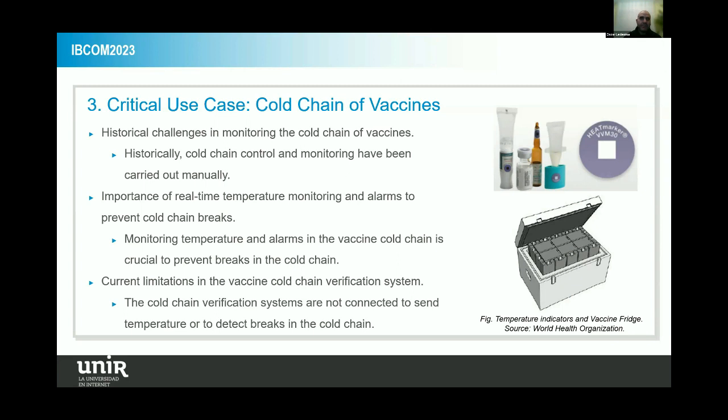So there's a high percentage of vaccine batches that are broken during the transport or storage. Therefore, we think that a more advanced and efficient system is needed to ensure the integrity of the vaccine cold chain.